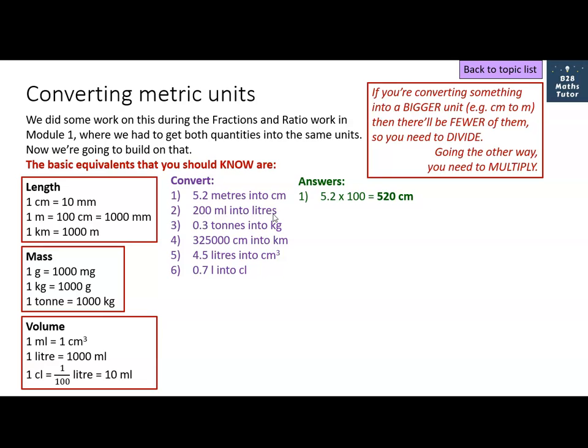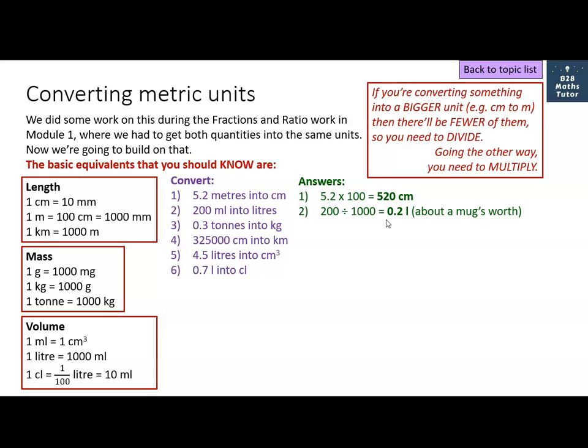200 millilitres into litres. Well, we know that 1,000 millilitres is 1 litre. So to get from millilitres to litres, we need to divide by 1,000. So 200 divided by 1,000 gives you 0.2 litres.